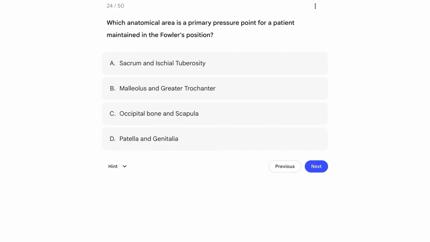This one I already said in the class also. Yes, which option is the right answer? It's not about the pressure ulcer, sorry, it's about the pressure point, right? Tell me then. Actually, both will come to the same answer.